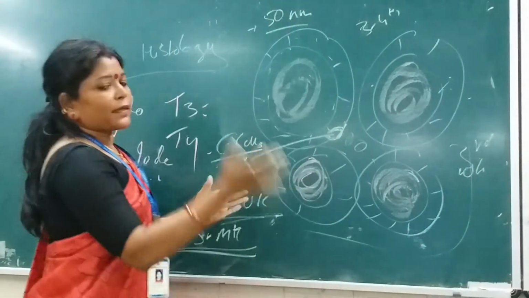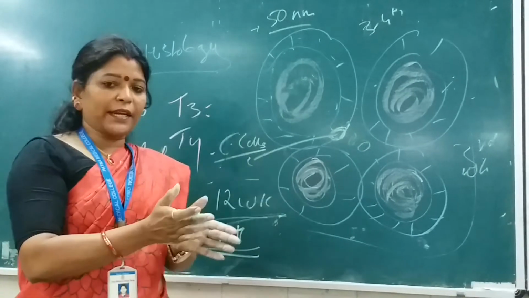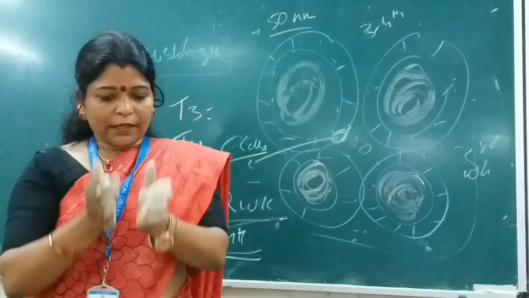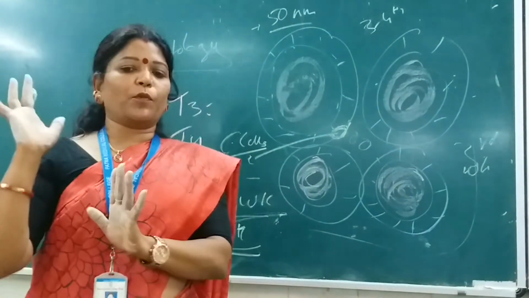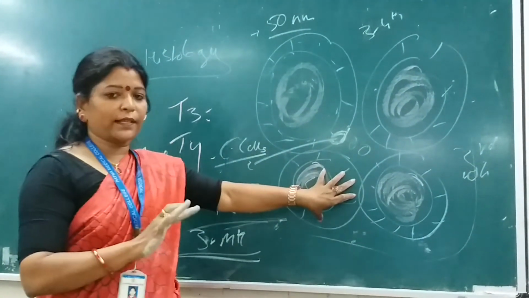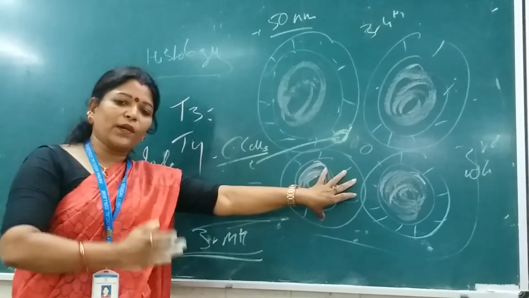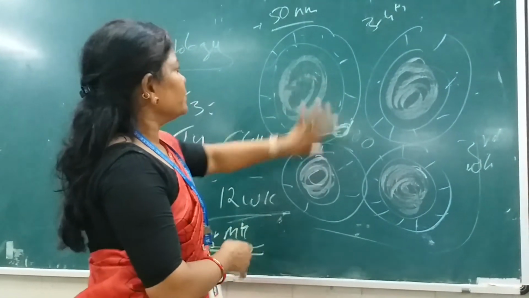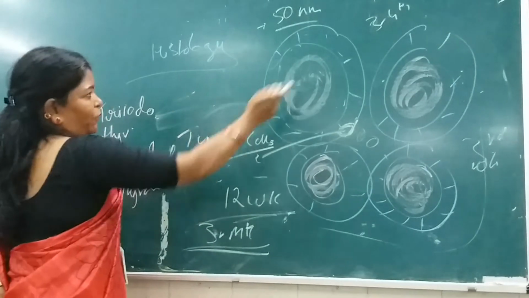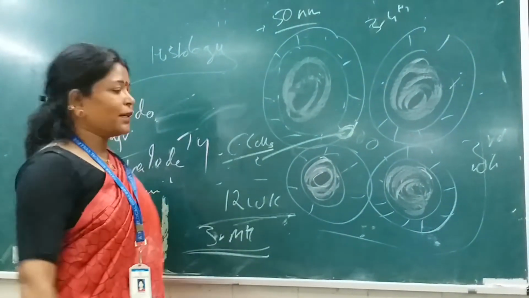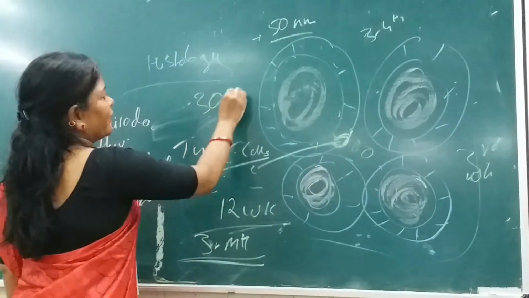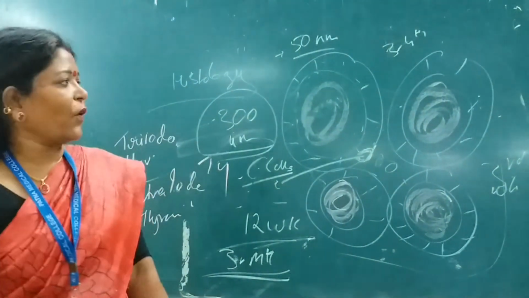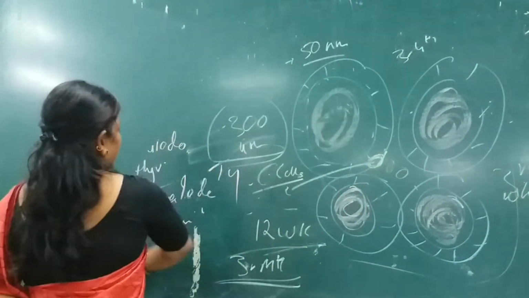This addition gradually decreases at the time of birth and ceases till puberty, and after that it is only the size increase of the follicles. Okay, and a single follicle is 300 micrometer in size.